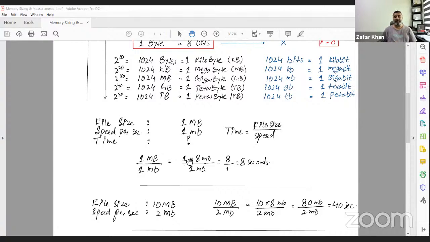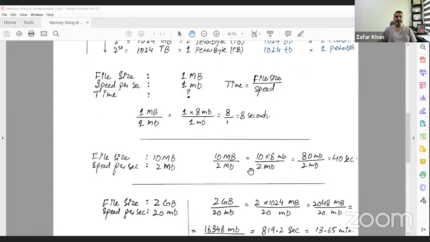So a 1 MB file is 1 into 8, which is 8 megabits, and we have got a speed of 1 megabit per second. When we divide 8 by 1, we get 8 seconds. It means that a file of 1 megabyte will get transferred at the speed of 1 megabit per second in 8 seconds.